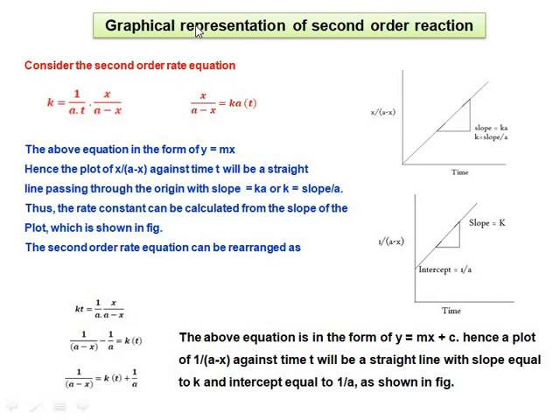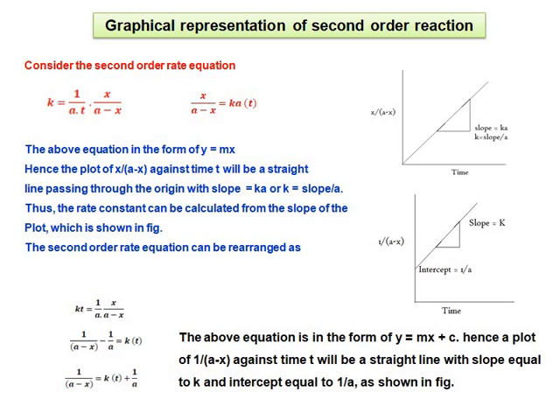The next characteristic we will see is the graphical representation of second order rate equations. Now consider the second order rate equation: k is equal to 1 upon a t into x upon a minus x. Modifying this equation, x upon a minus x is equal to k into a into t.